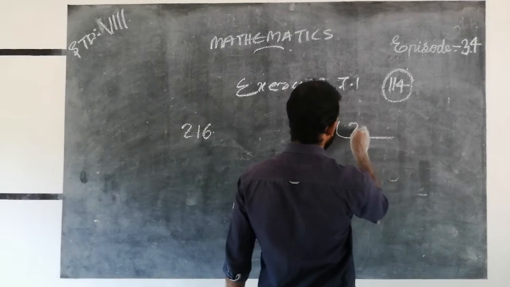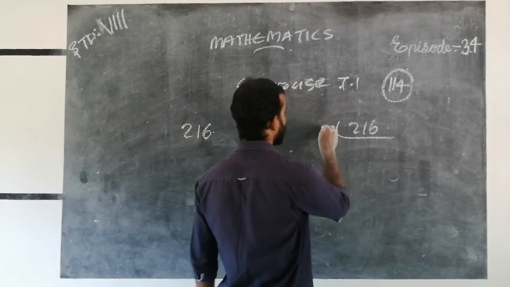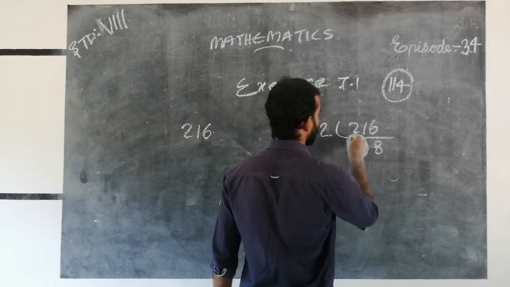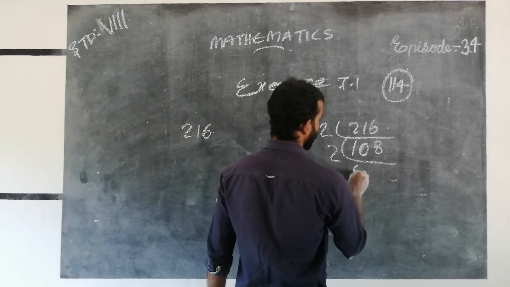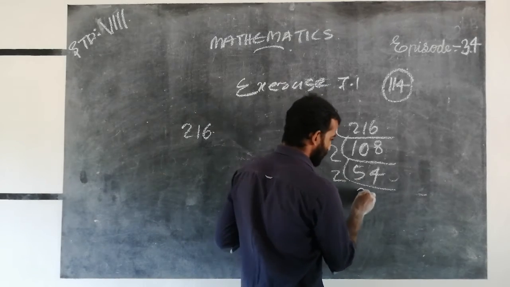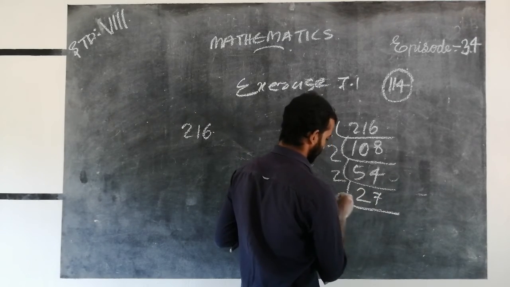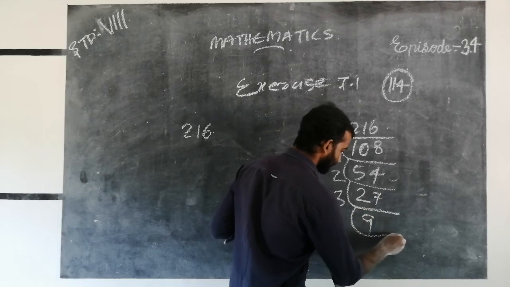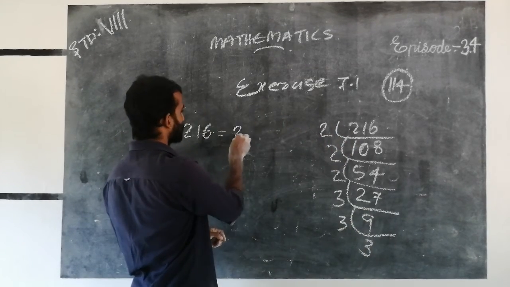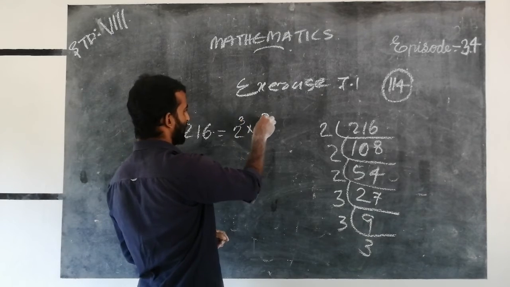That is 216. We take the prime factorization: 108, 54, 27, 9, 3, and we also take 3. We can write it as 2 cube and 3 cube.